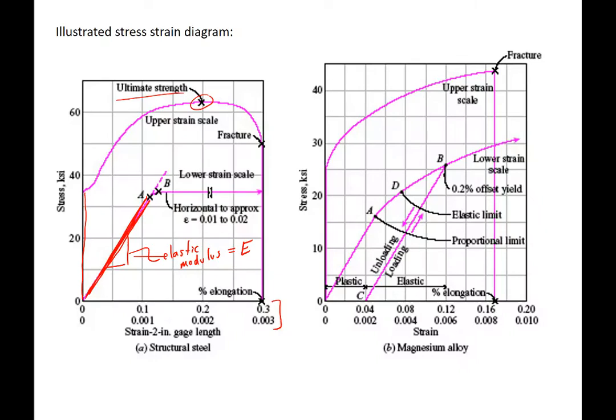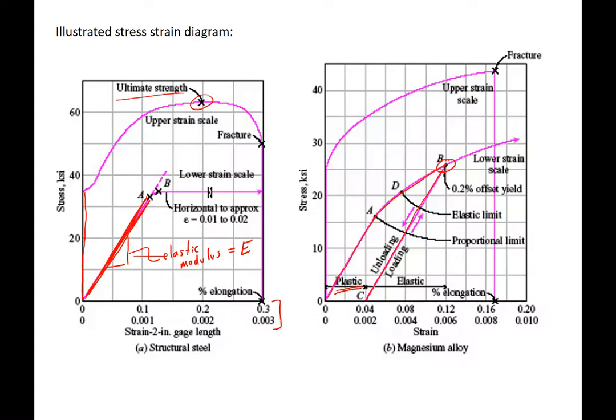Now, if you look to the right, there's a plot that's been done here, where we've gone past the proportional limit, past the elastic limit, and we've gone to a point up here where if I take the load off now, I've got some permanent deformation, or plastic deformation. So if we push something far enough, it's going to deform permanently instead of just elastically.